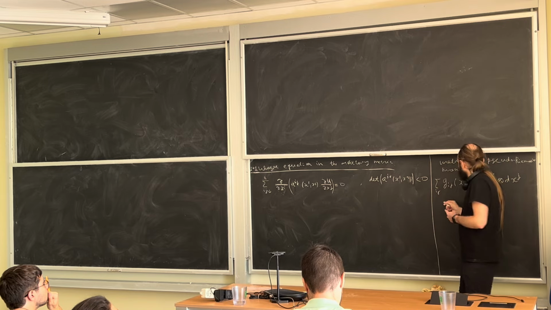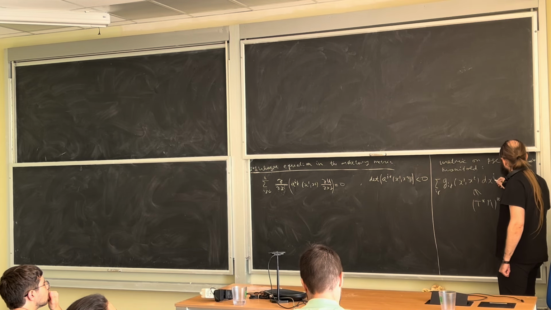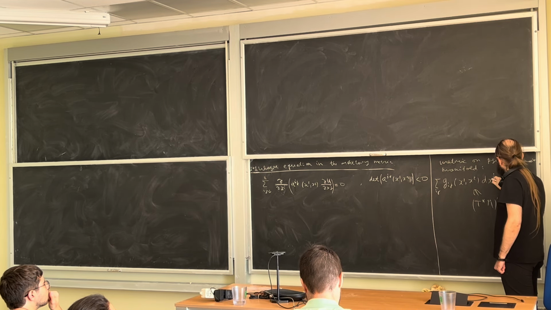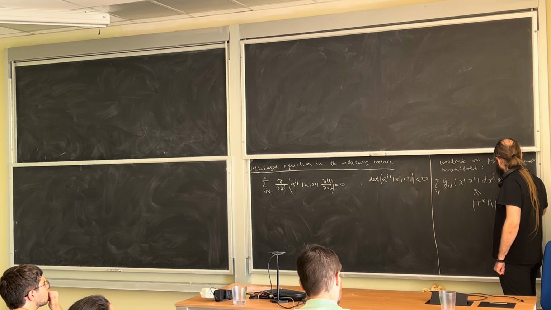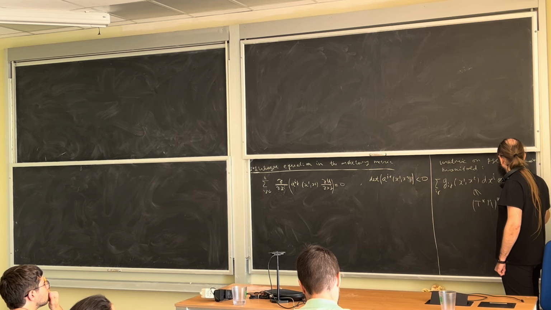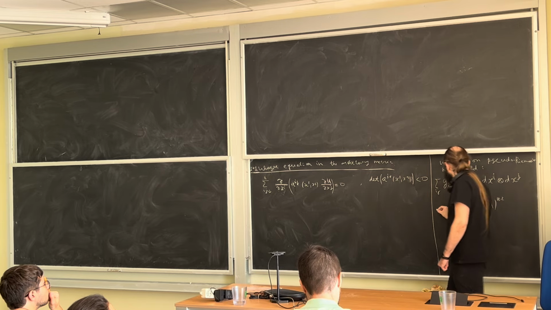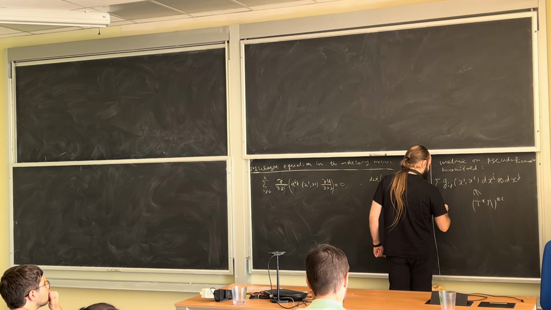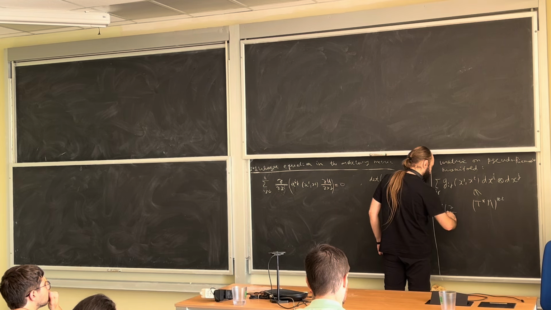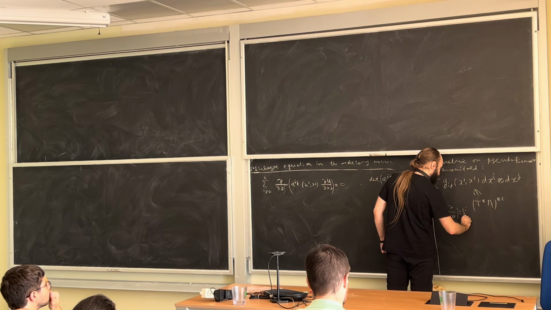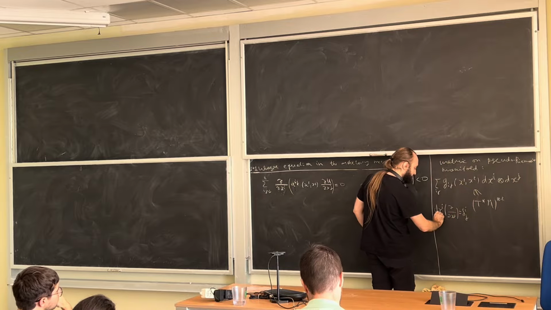So the covectors dxi and dxj are dual to d/dxi, d/dxj. In a sense, dxi of d/dxj equals delta ij. So it's a dual basis.